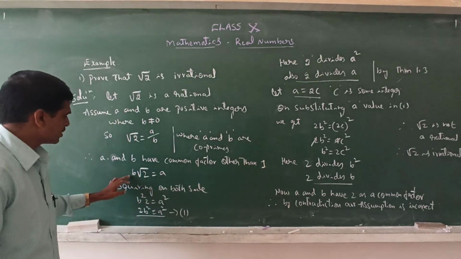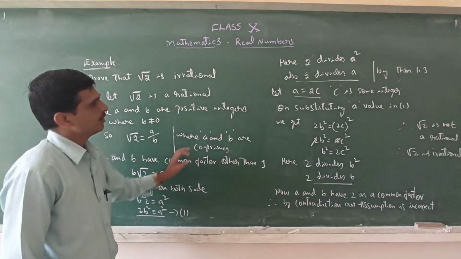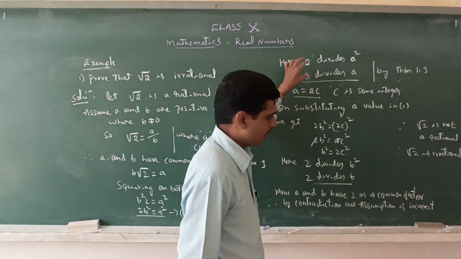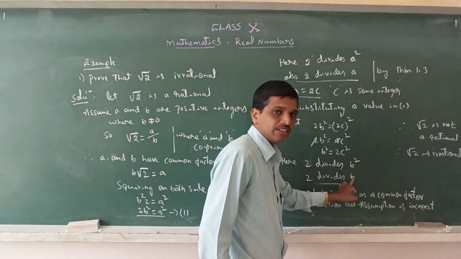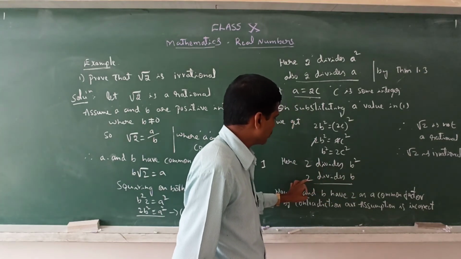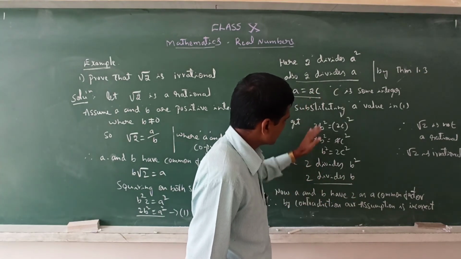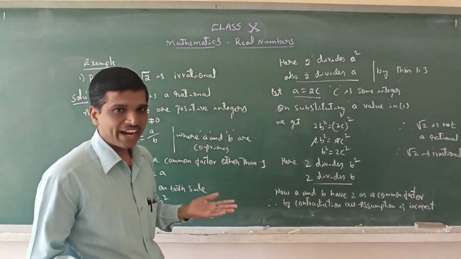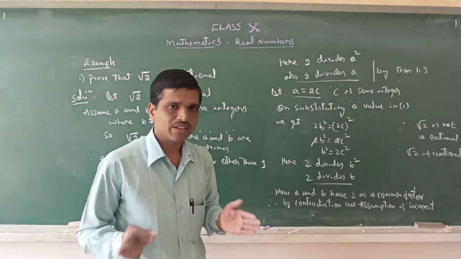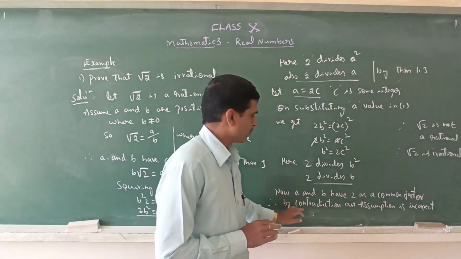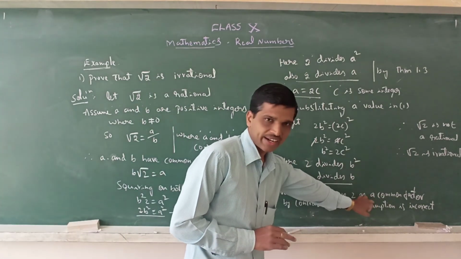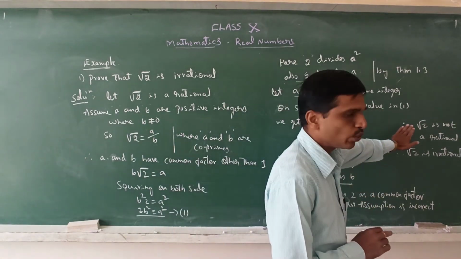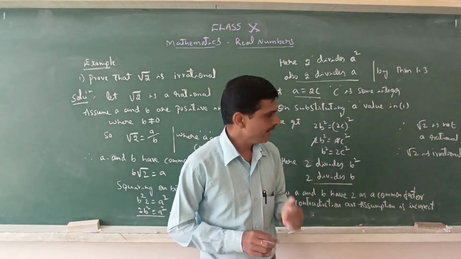Afterwards you conclude one factor is divisible by 2 and the other is also divisible by 2. By this we conclude 2 as a common factor, but our assumption is wrong because a and b have no common factor other than 1. So by contradiction our assumption is incorrect, and that is why square root 2 is not rational.